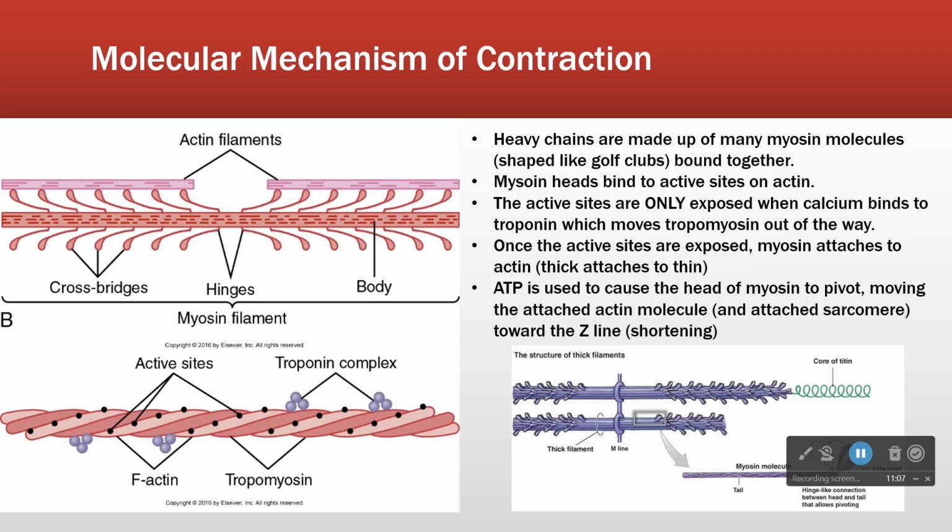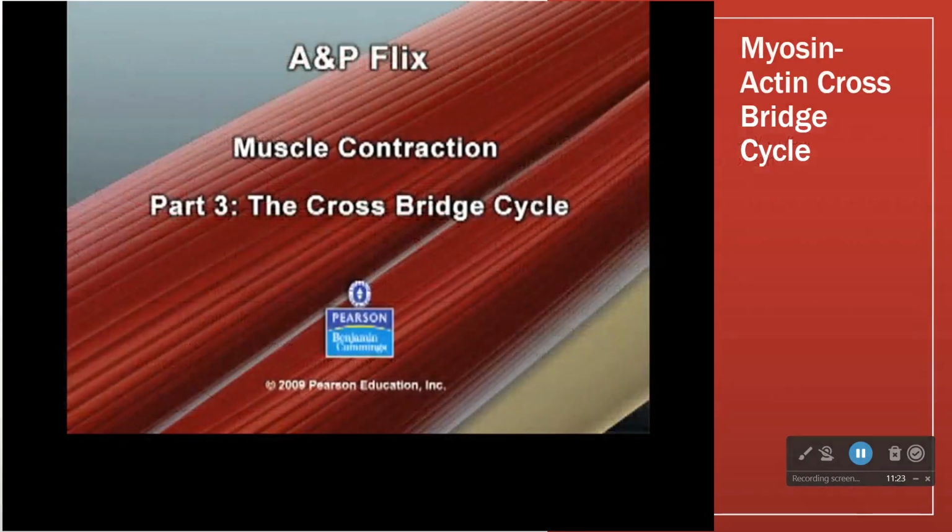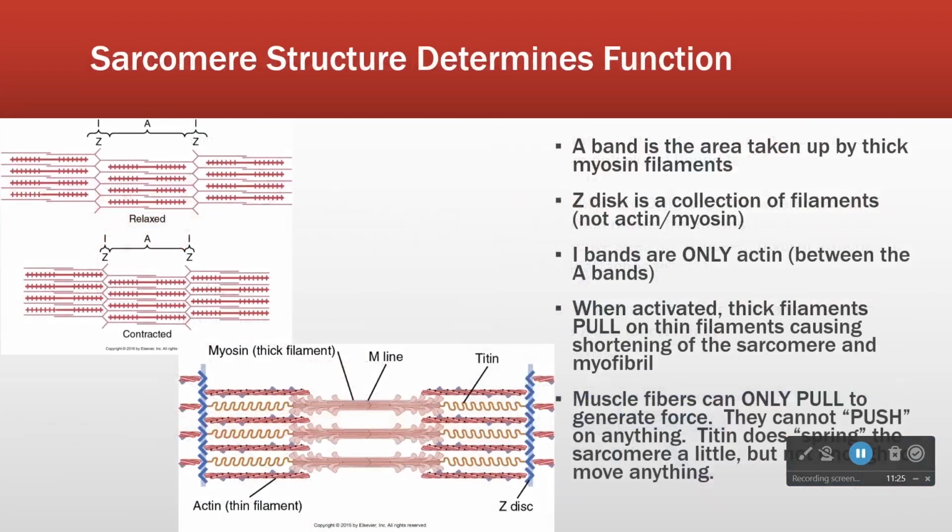The thin filaments, the actin chains, have a couple of key components: troponin and tropomyosin. I think I misspoke on the previous slide, so let me correct. Tropomyosin, long threads. The black things are the active binding sites.